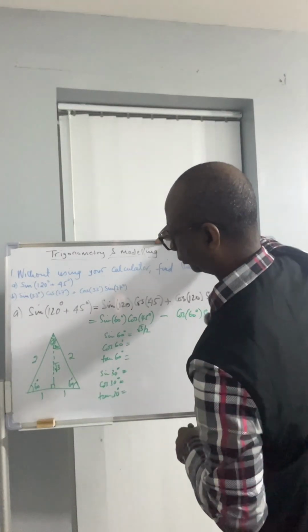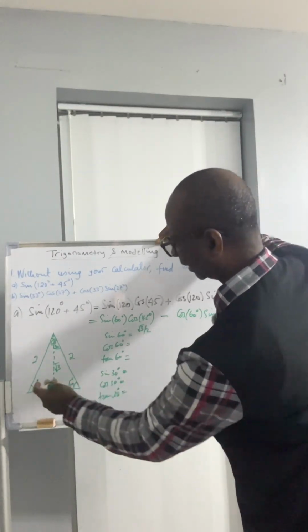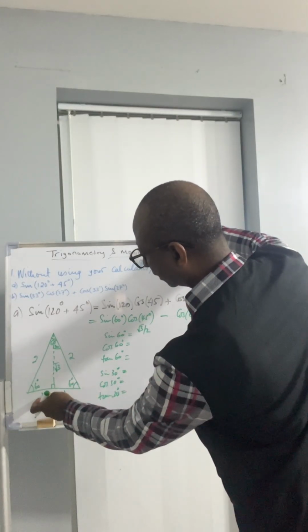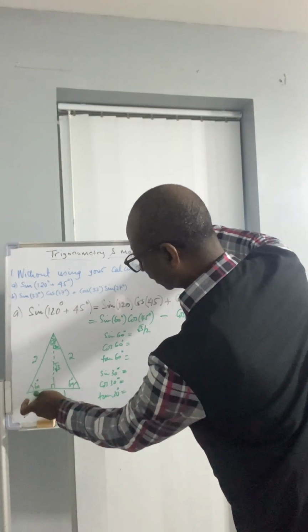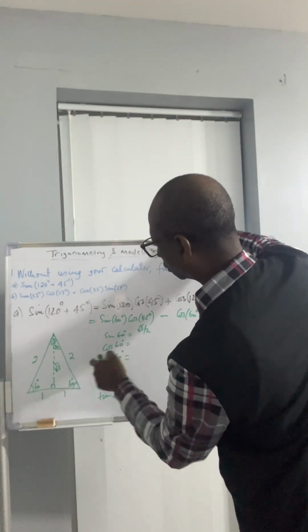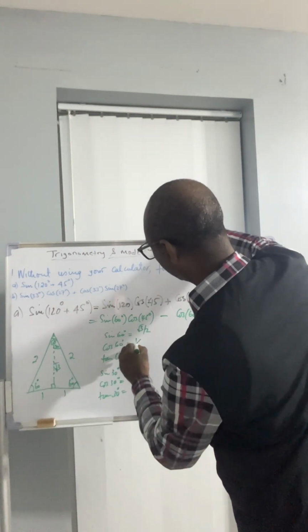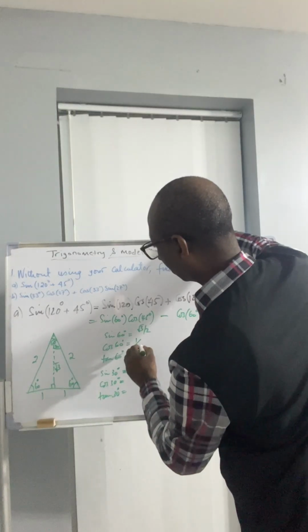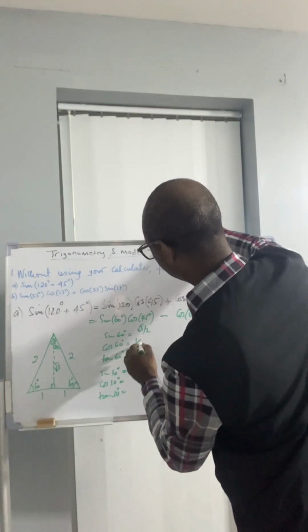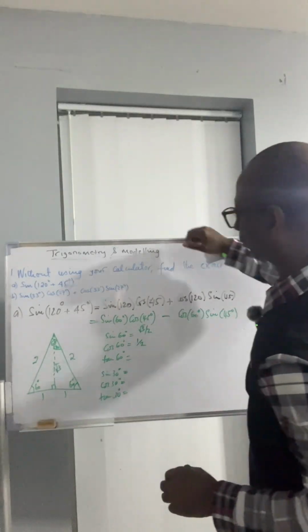Hypotenuse is 2. What is cos 60? Cos 60 is the adjacent. Cos is adjacent upon hypotenuse. So cos is 1 divided by 2. So 1/2.